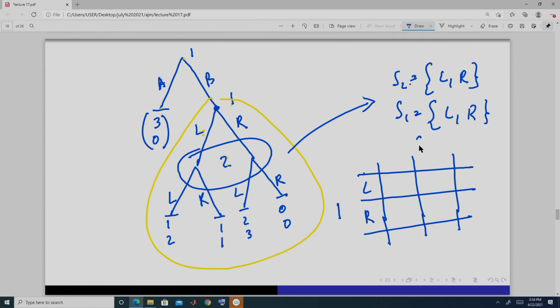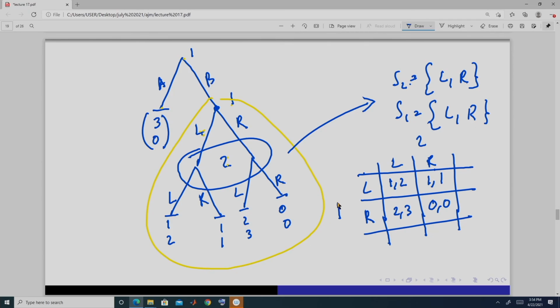This is for player 1, this is for player 2, actions L and R. So, player 1 L, player 2 L, this combination 1, 2, and then R, this is R 1, 1, then player 2 L, R L, R R. So, this is the normal form game.